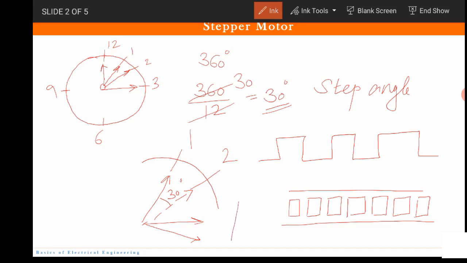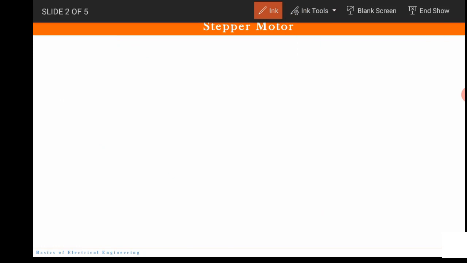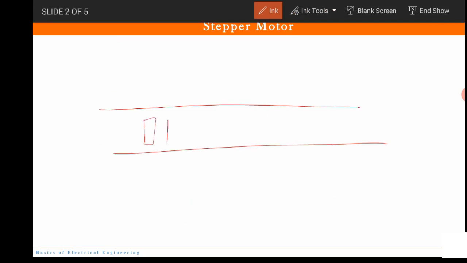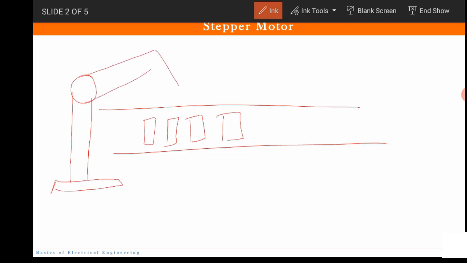So here you have a conveyor belt wherein many objects are placed, and here you have that robotic arm, and these are two teeth.